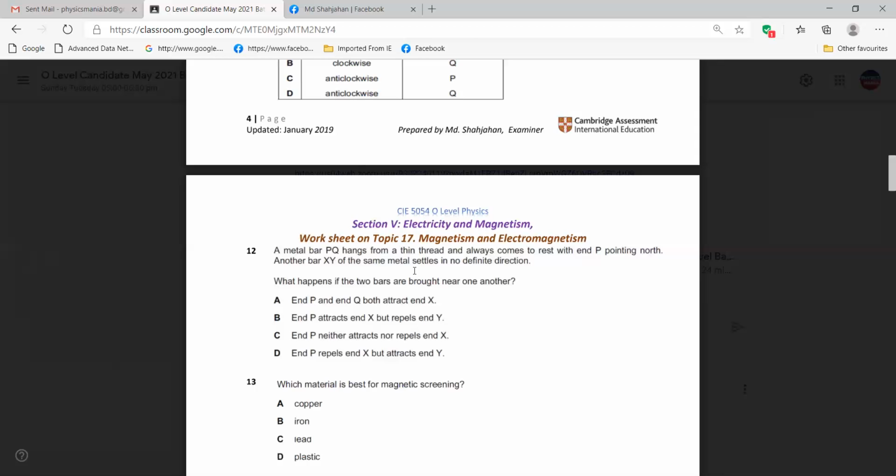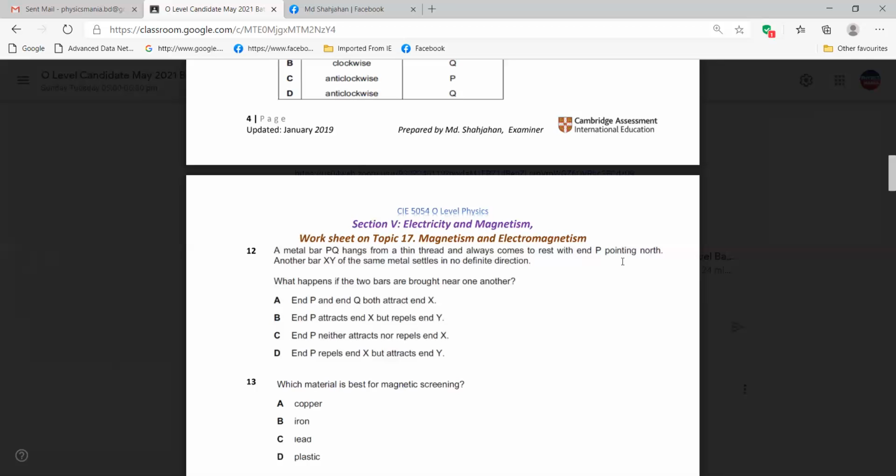Okay, now, no definite direction. Settles in no definite direction. You underline this part, and in bracket you write here: because it is unmagnetized.